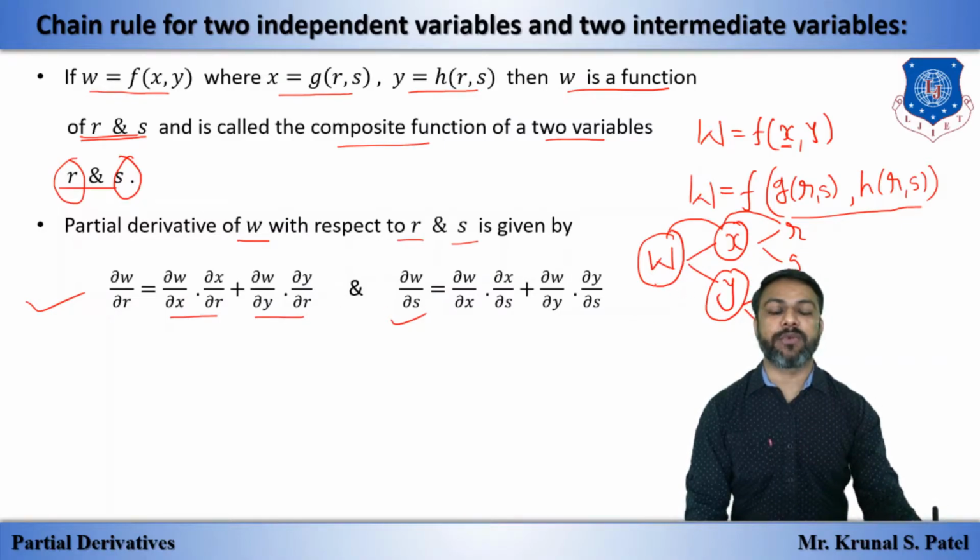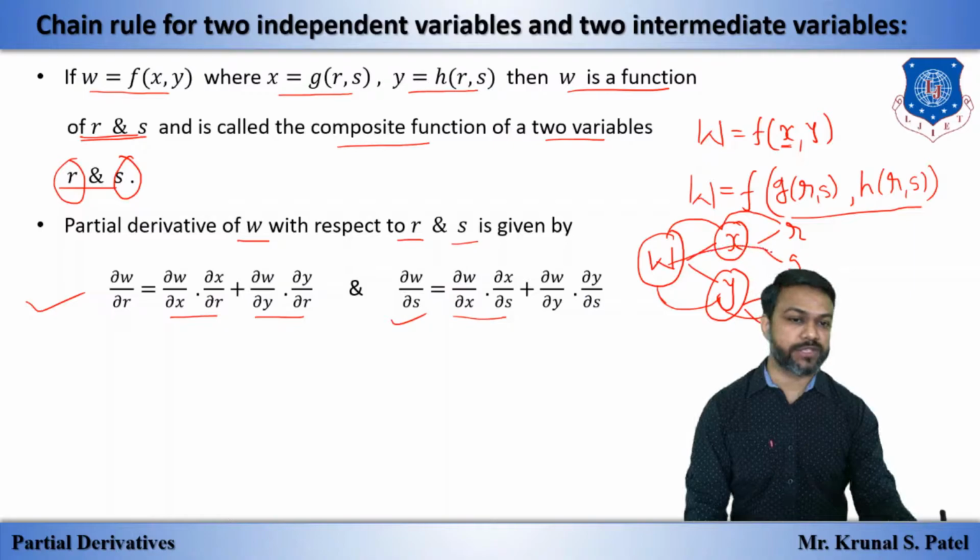So therefore plus del w by del y and del y by del r. Same way, del w by del s is given by del w by del x and del x by del s. That means we go through this path, and same way by this, del w by del y and del y by del s.